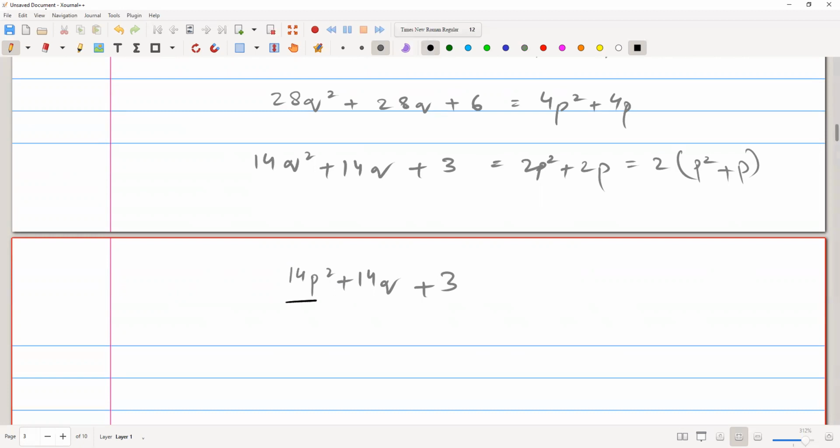Now this element is 14 times q squared, so this will always be even because it's multiplied by an even number.